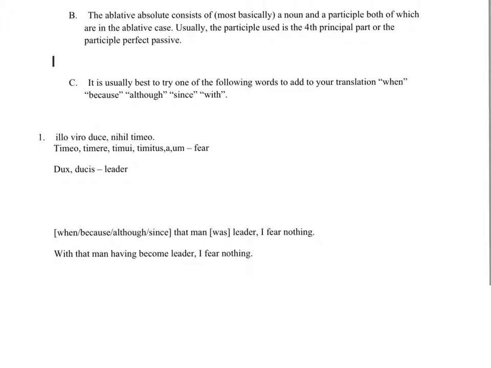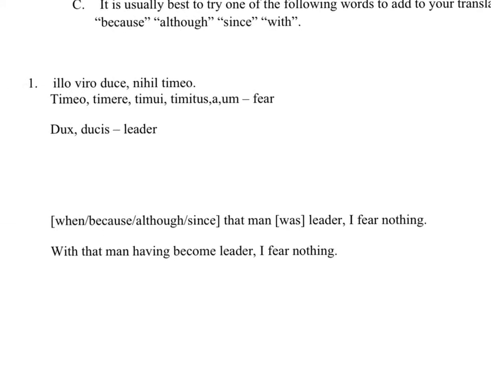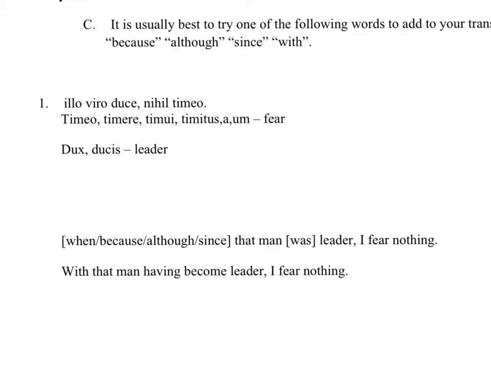So here are some very simple examples of the ablative absolute. Illo viro duce nihil timeo. So in this example number 1, I've given you the Latin words that you may not know. Dux is leader, timeo, timere, timui is fear. And it says here, illo viro duce.